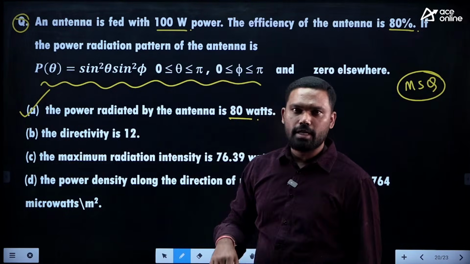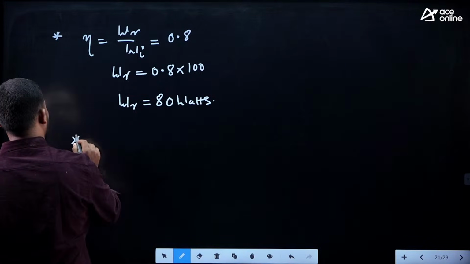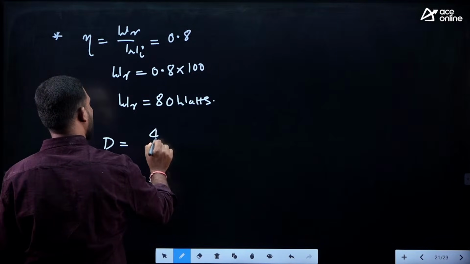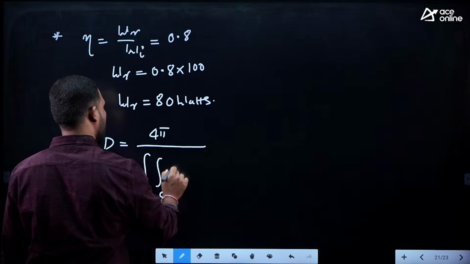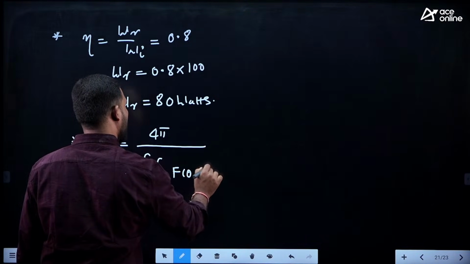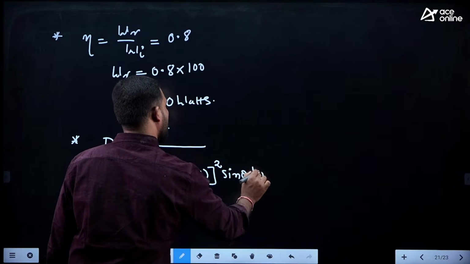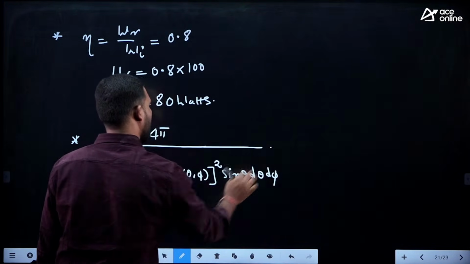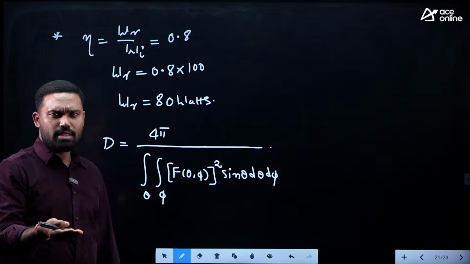Next is asking for the directivity. So what is the directivity, guys? The directivity formula is 4 pi divided by the integral over theta and phi of f of theta comma phi whole square sin theta d theta d phi. See here, f of theta comma phi is a normalized radiation pattern.